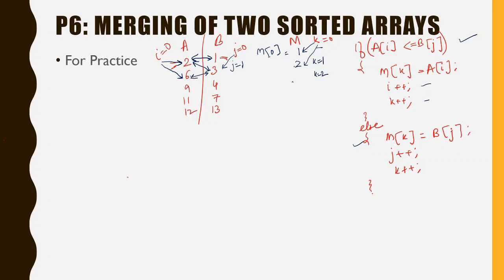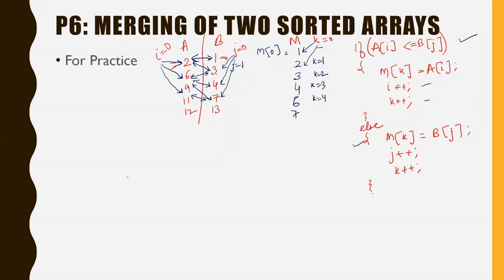Now 3 is less than 6, so this will come as 3. Now k will increment to 3, and you have used the content of this, so j will come here. Now these two will get compared, so it will come as 4, k will become 4, and j comes here. Now 6 and 7 will be compared, so 6 comes here. Then 9 and 7 will be compared, so 7 will come here.